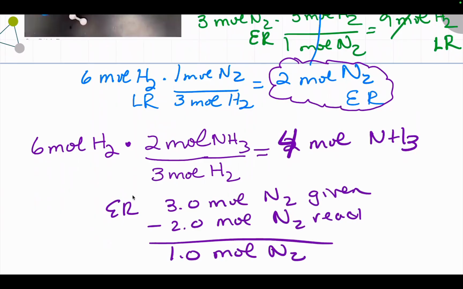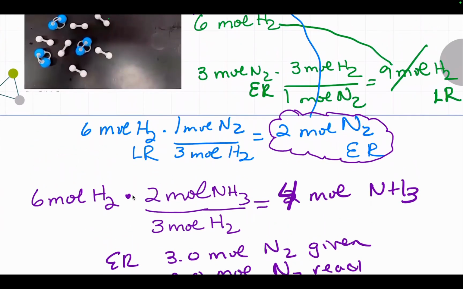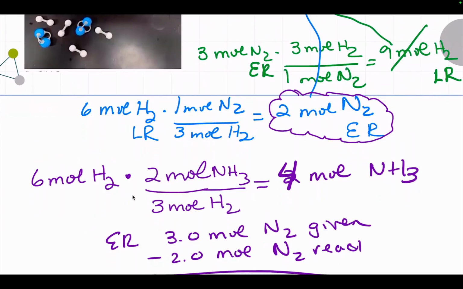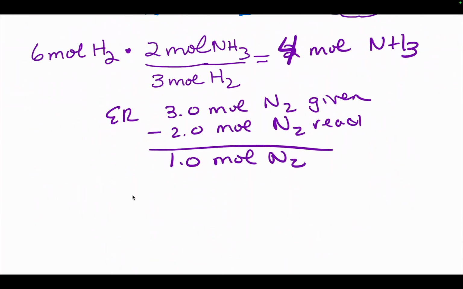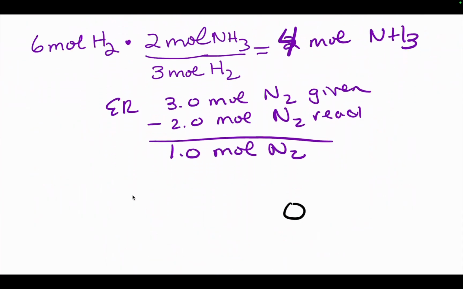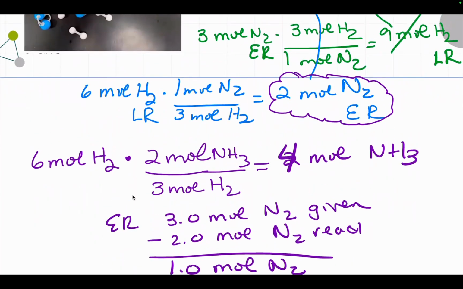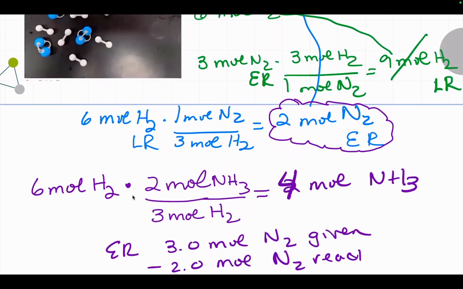So if I were going to draw this, I would want to draw, I'm just going to grab a different color here, 4 ammonias. And remember the color there was blue.